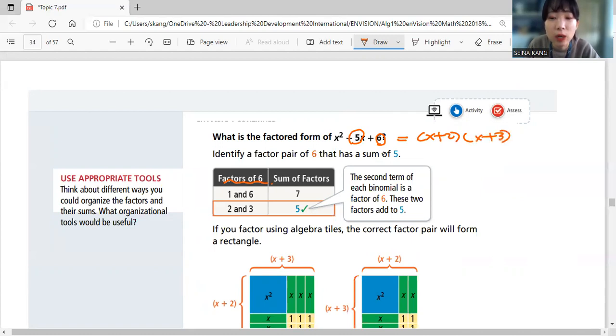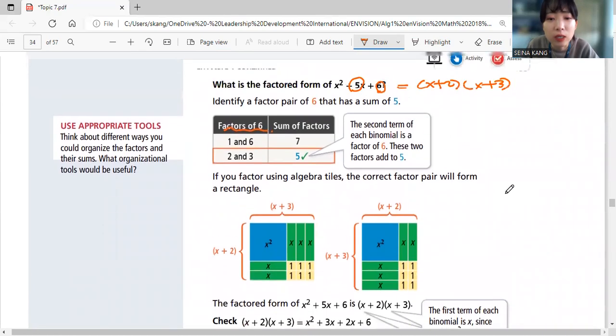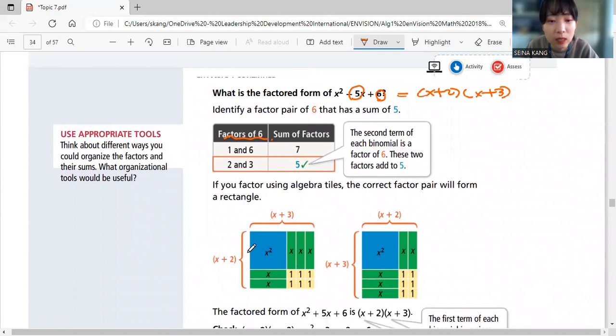Okay, so if you know this rule and if you get used to it, this is a great shortcut so that you don't have to solve everything step by step. So if you factor using algebra tiles, you can look at how it's done. X plus 2, x times x is x squared. X times 3 is 3x's. X times 2 is 2x's. And then 2 times 3 is 6.